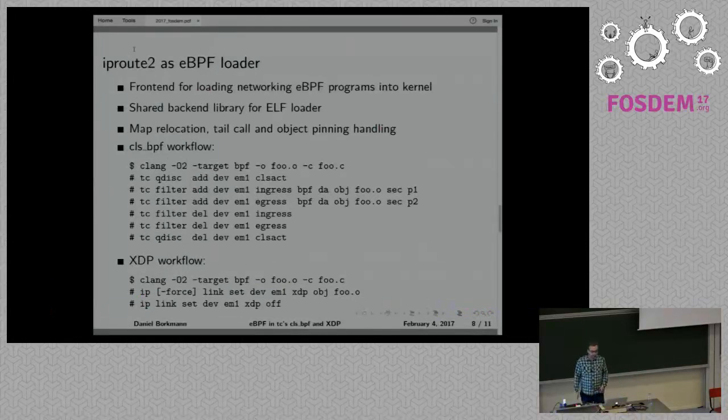IP Route 2 as a loader, I already mentioned, can push down the eBPF bytecode into the kernel. Just to give you an example of how it looks: in the TC case you set up the qdisc first, then you can set up the filter, and here you define whether you want to hook that BPF program on the ingress or egress side, and then you define the object itself, which can have various sections that contain the actual program code.